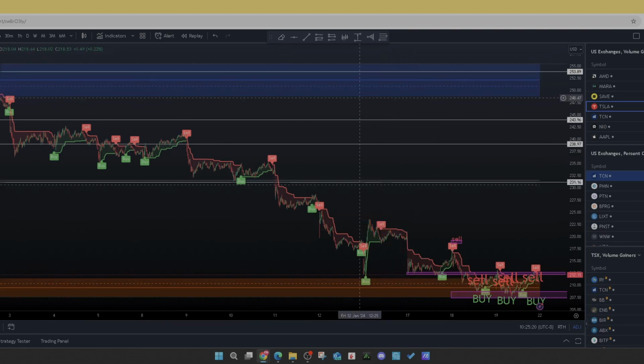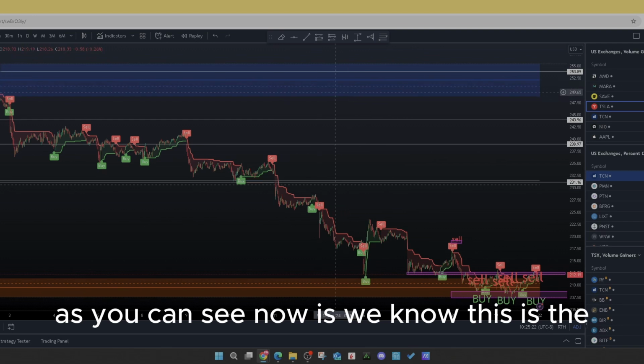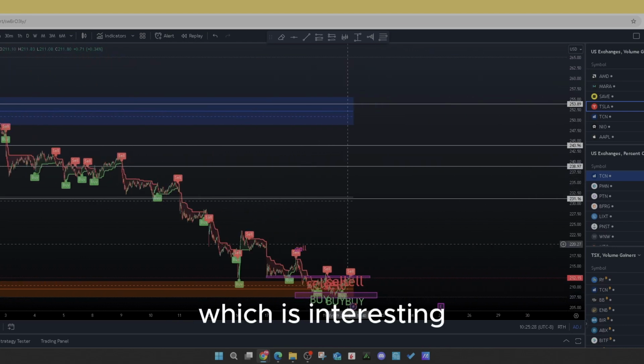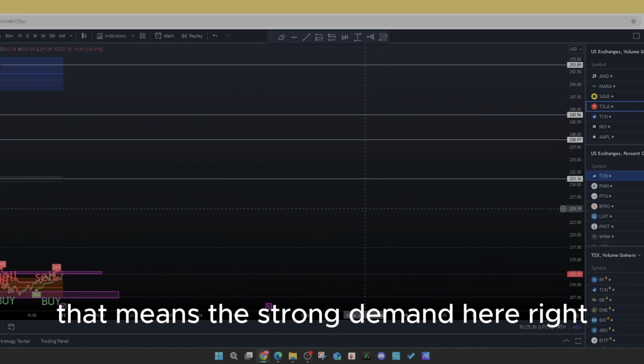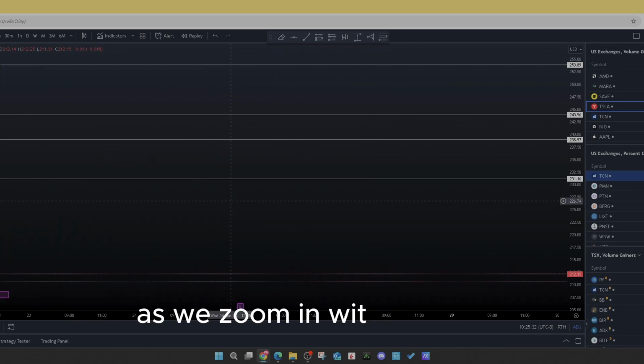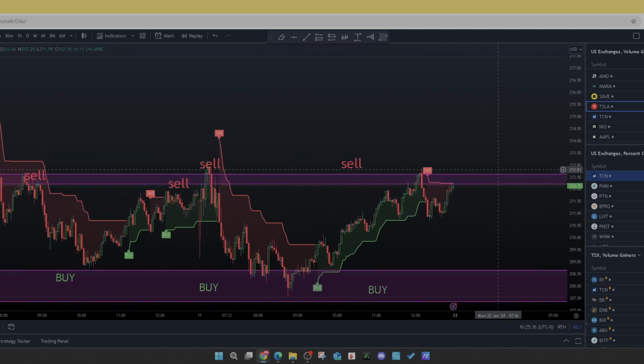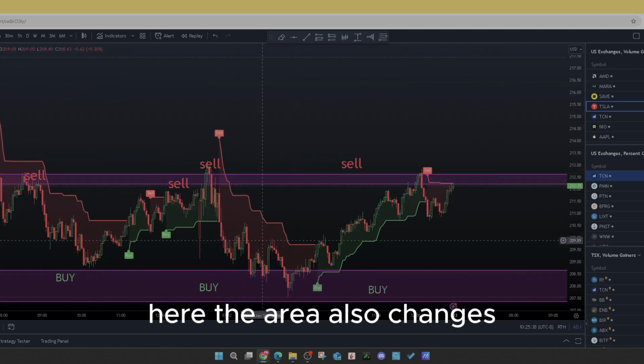As you can see now, we know this is the area of supply, and demand stays the same, which is interesting. That means there's strong demand here, right? As we zoom in with our chart here, the area also changes.